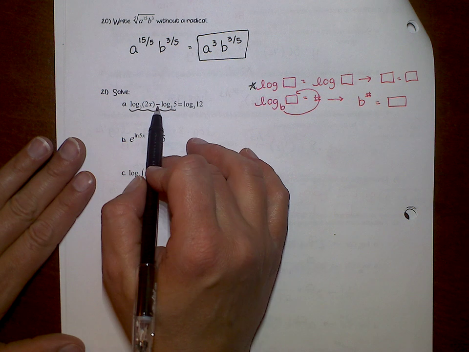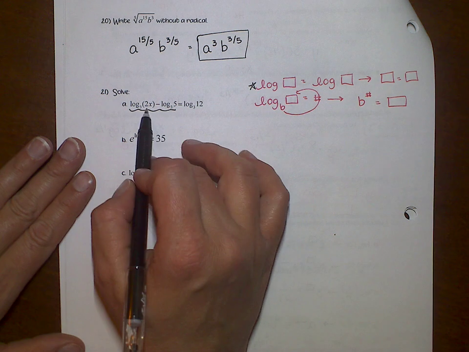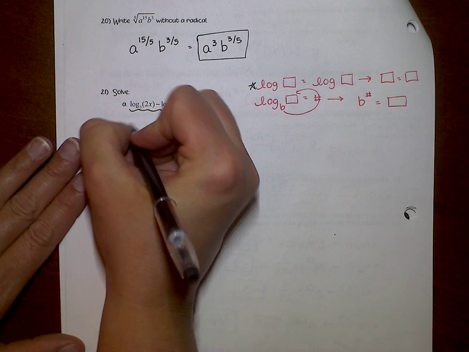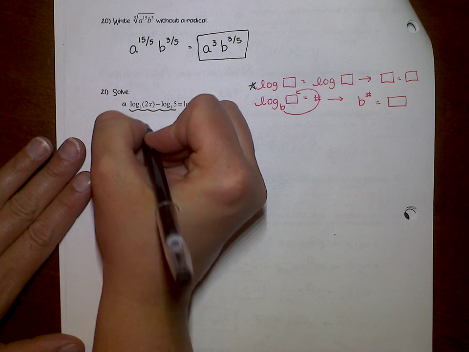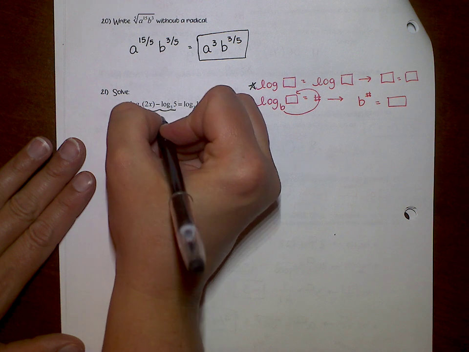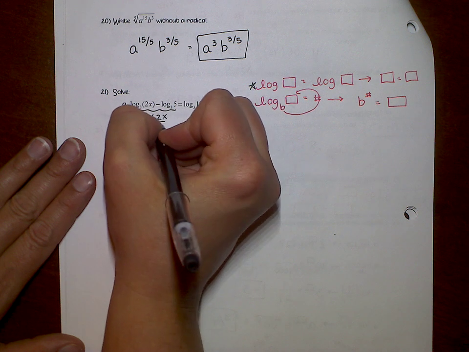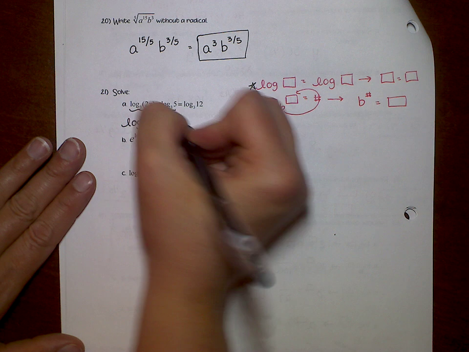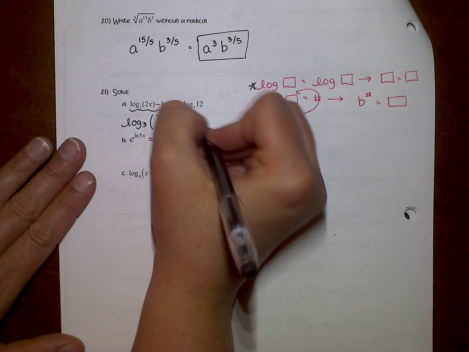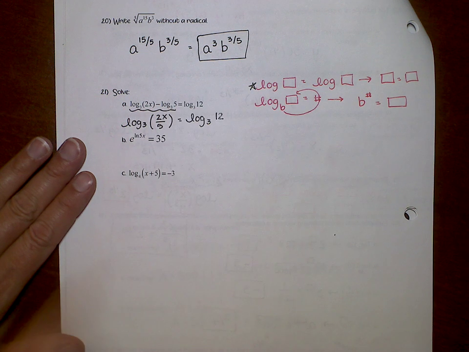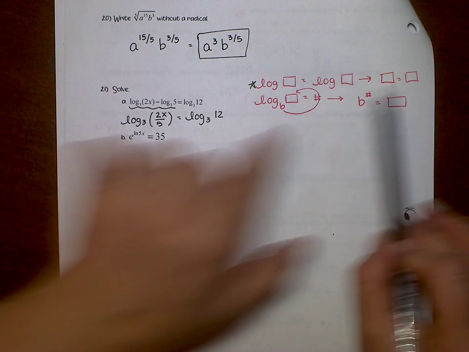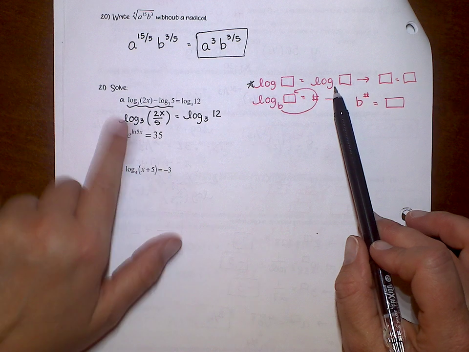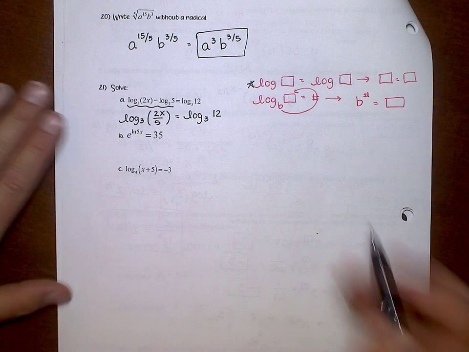And because I see subtraction, I know that I can combine these with division. So I'm going to write this as log base 3 of 2x divided by 5 equals log base 3 of 12.